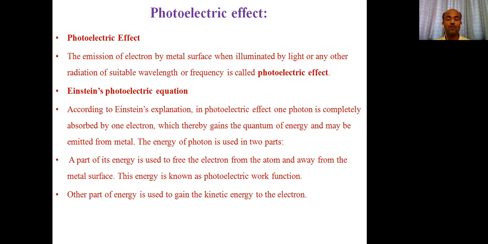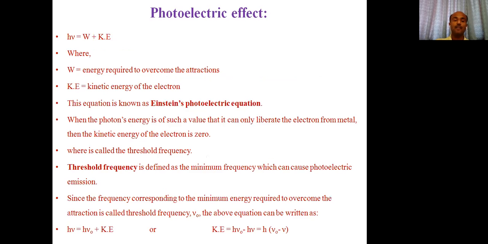The energy of the photon is used in two parts. One part of its energy is used to free the electron from the atom and away from the metal surface. This energy is known as the photoelectric work function. The other part of the energy is used to give kinetic energy to the electron.